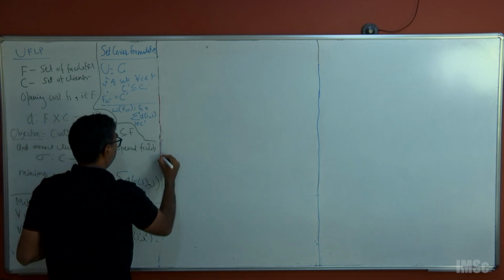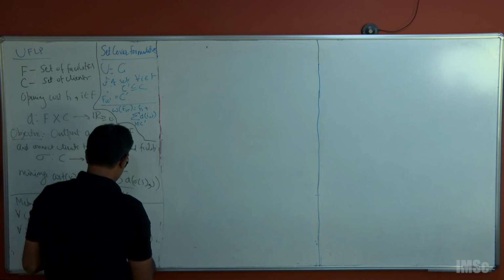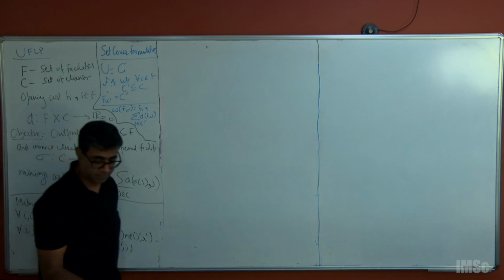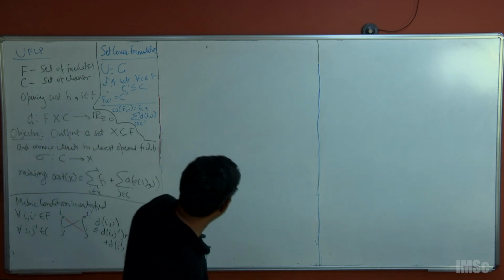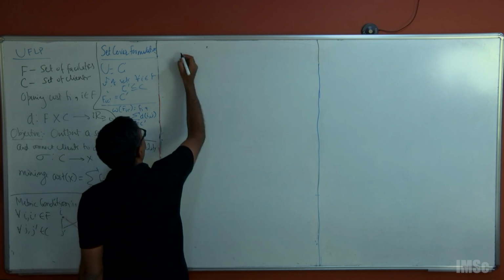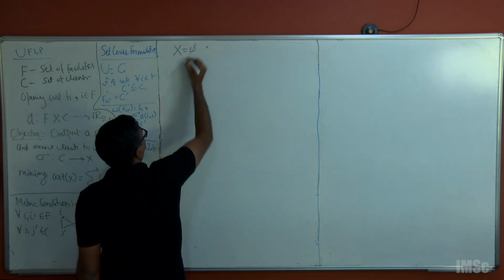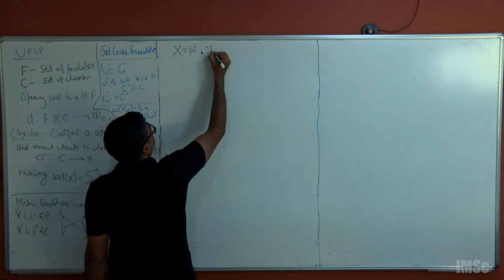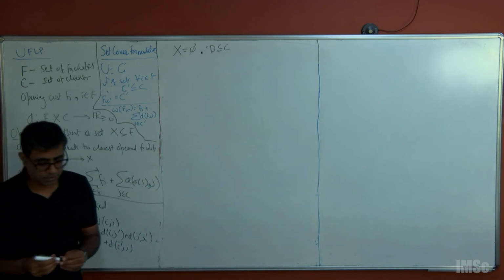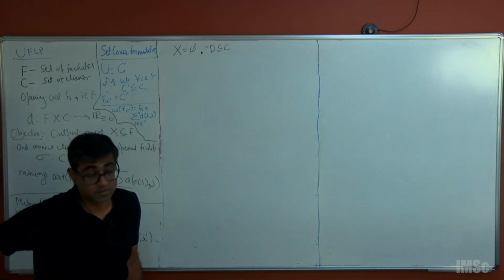So I'm going to give you a greedy algorithm. As I was trying to tell you yesterday when I was trying to explain my algorithm, at any point of time my algorithm is going to contain some X, initially the empty set, and D subset of C, the already served clients, or the set of clients that I have already decided to serve, right?